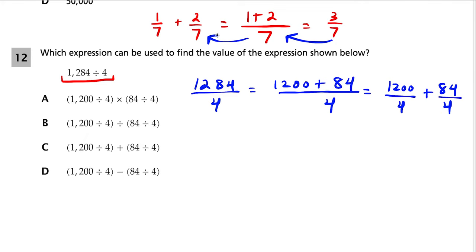So it's like I'm taking an addition of fractions question and doing it backwards. But now just think about, what does this mean? Well, this translates to 1,200 divided by 4 plus 84 divided by 4. And that's why this is going to match up with choice C.